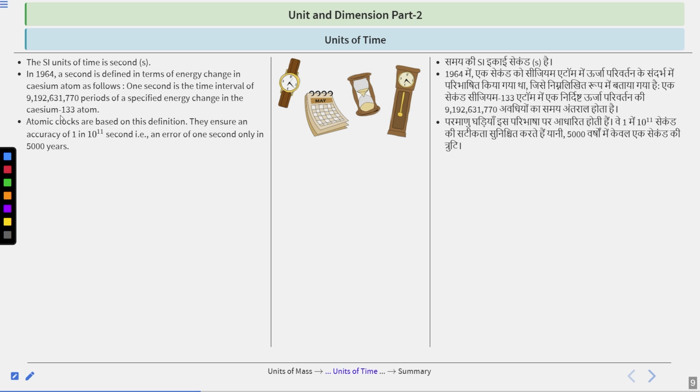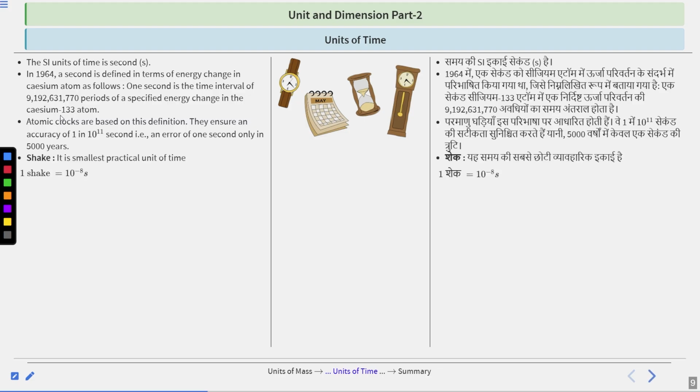That's why it is used in atomic clocks, because it has an accuracy of 1 in 10 to the power 11 seconds, and as we know, this gives the probability of error of only 1 second in 5000. It is mostly reliable if we consider all the other options that we have.